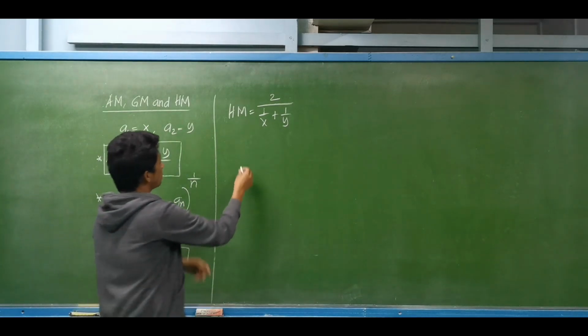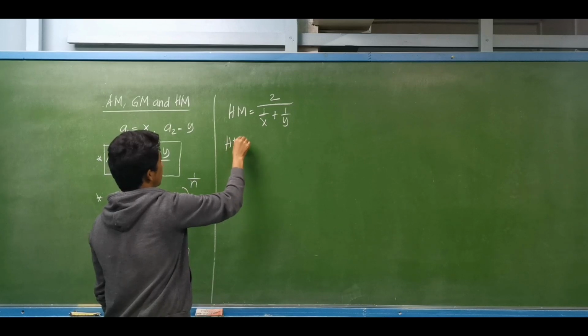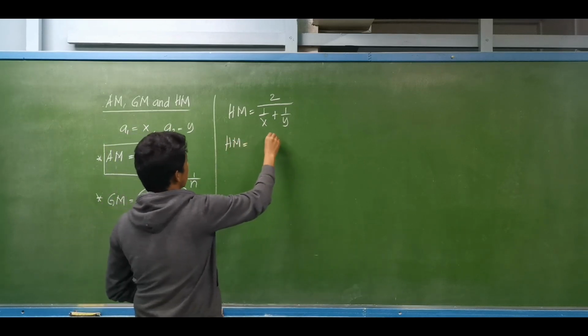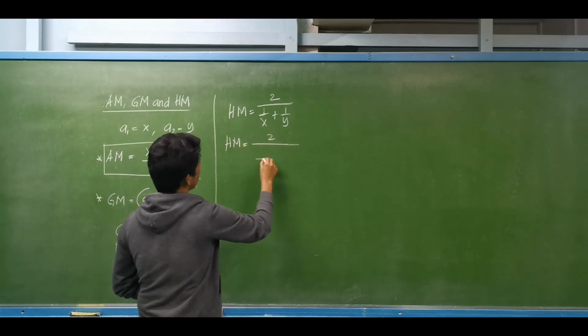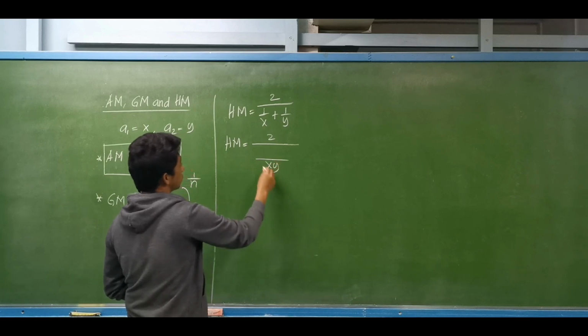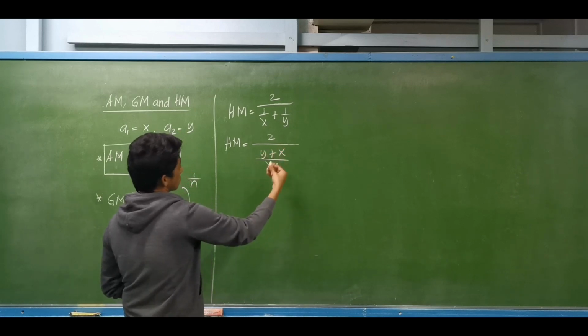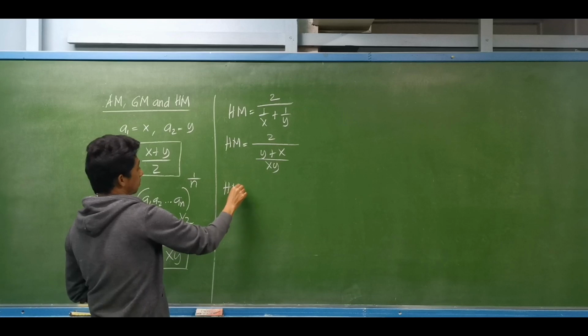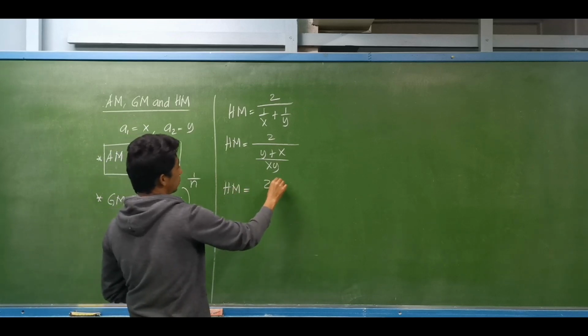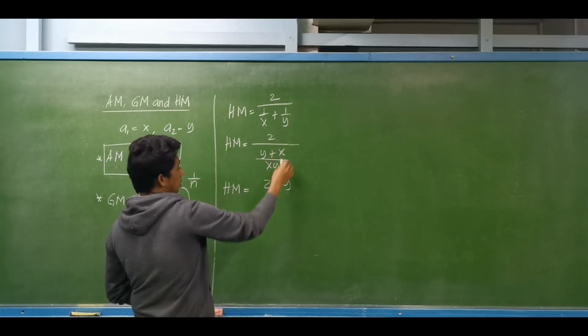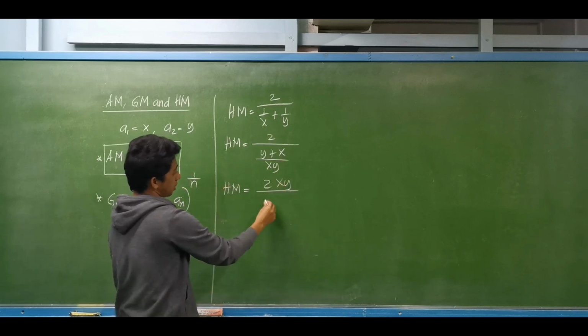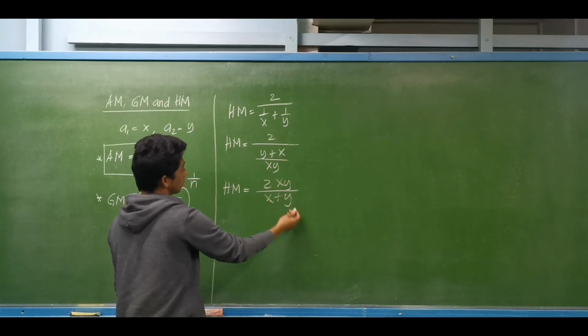If we simplify, our harmonic mean is now equal to 2 all over a common denominator of xy, so 2xy divided by, rearranging, x plus y.